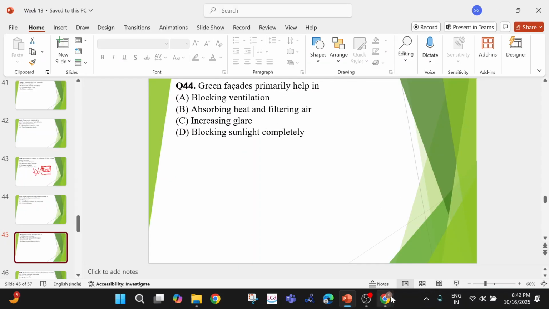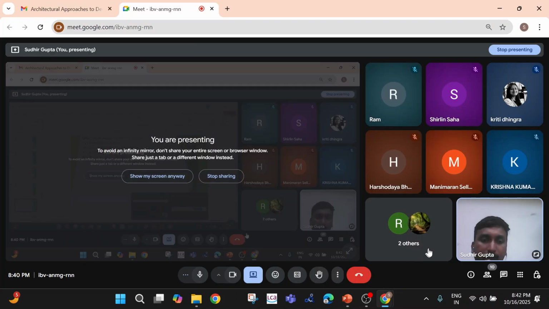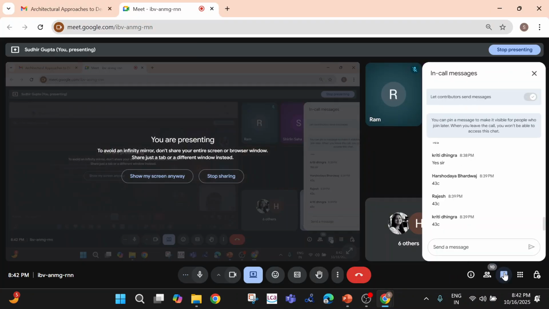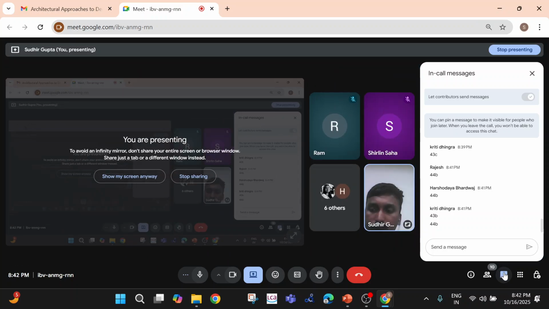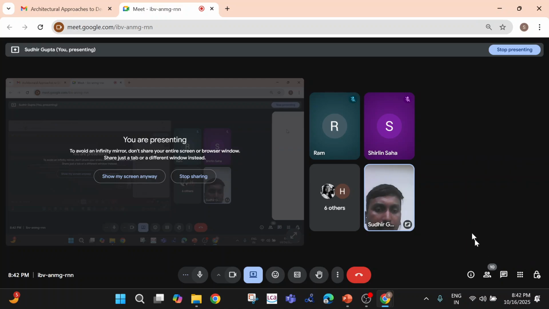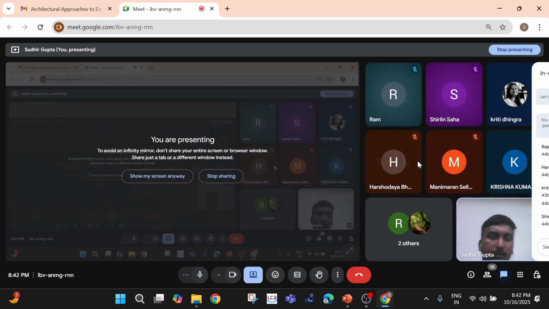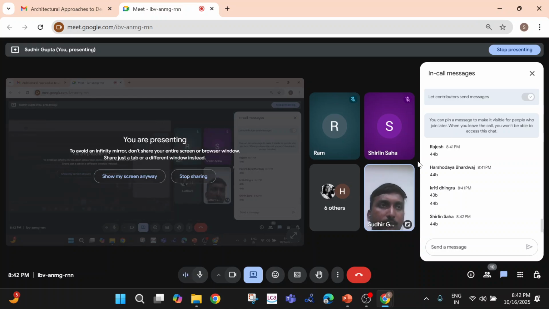So most of you have already answered, I feel. Rajesh, Sarsoday, Kirti, Silin, all of you have voted for 44B. Fine. And this 44B is the correct answer for this particular question.